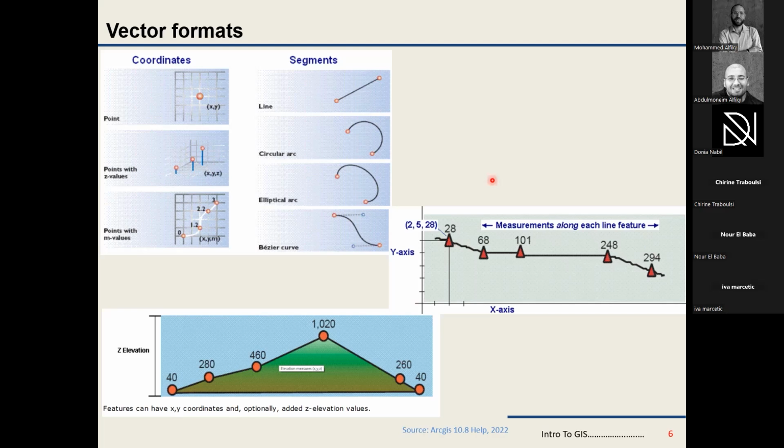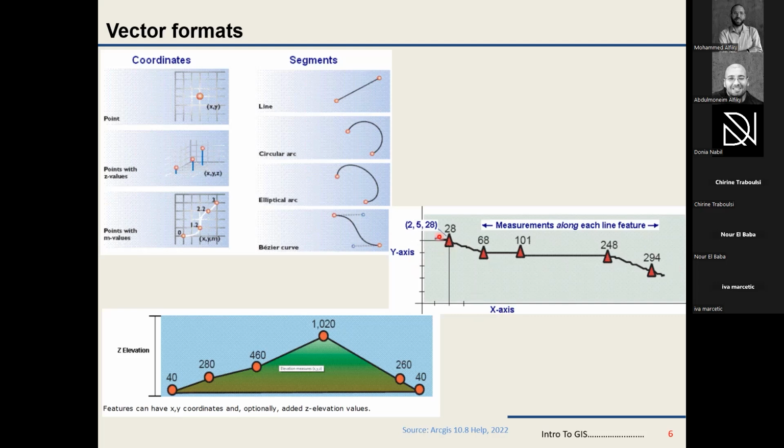Yeah, maybe it's a measurement. We are actually measuring along the feature itself. It has nothing to do with the x and y, because x and y is where something is on the x axis and what's on the y axis, that's xy.